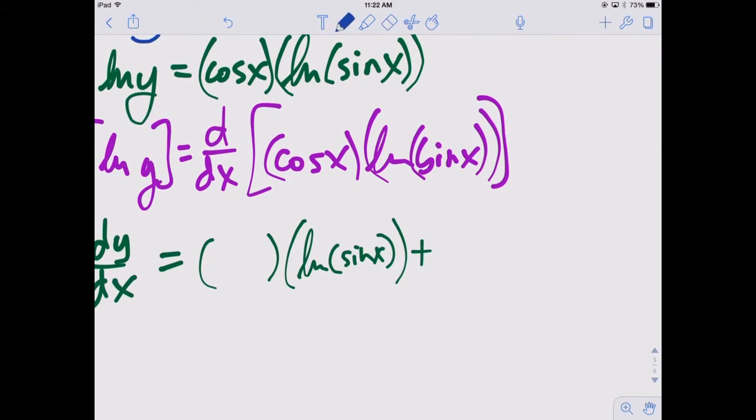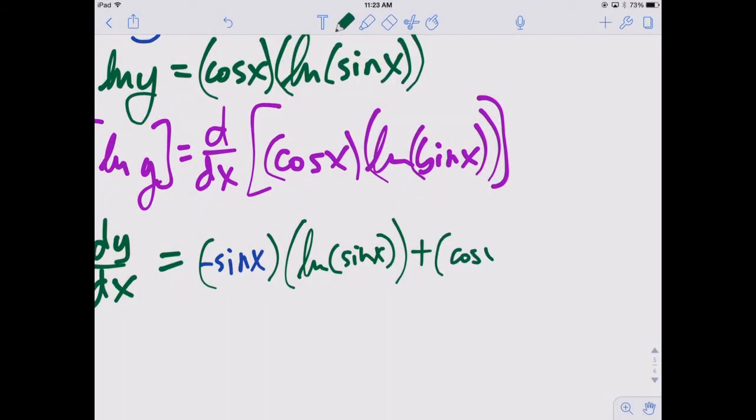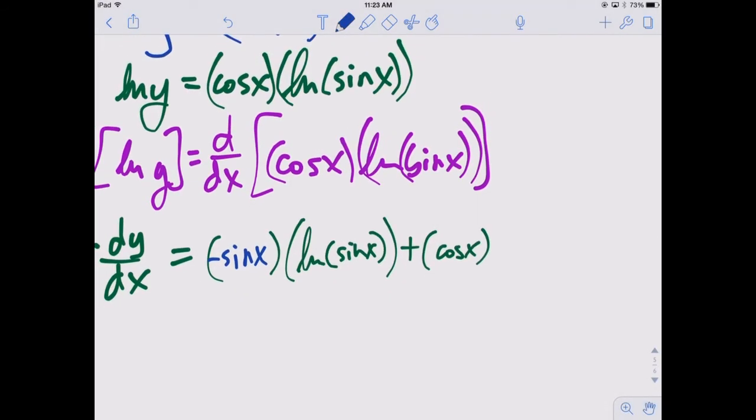Thank you. That felt wrong. Negative sine of x. And then I have regular old cosine of x times the derivative of the natural log of blob. So now the second factor is going to require the chain rule. So the derivative of the natural log of blob is 1 over the blob times the derivative of the blob. What's the derivative of sine?